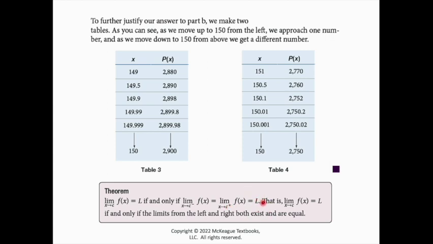We'll call that limit L. If these two have the same limit, that's L, then the two-sided limit will also be equal to L. So this basically says that the right and the left limit have to exist and they both need to be equivalent in order for the two-sided limit to exist.